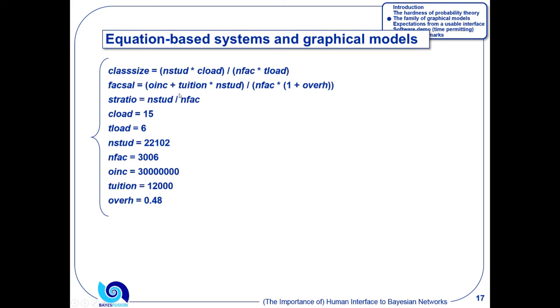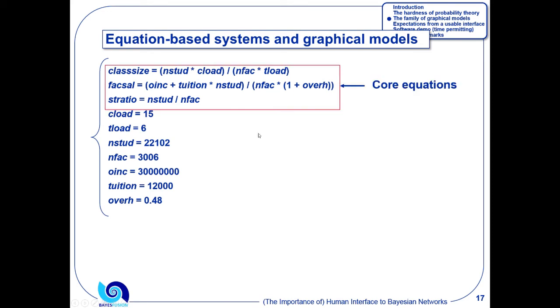Here is a very old modeling technique, a system of simultaneous equations. In this case, we don't have a lot of time to get into the details of this equation, but this system describes university operations.